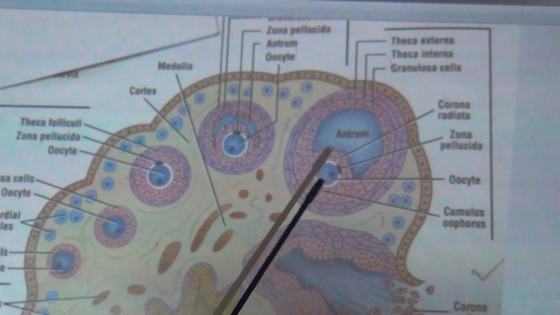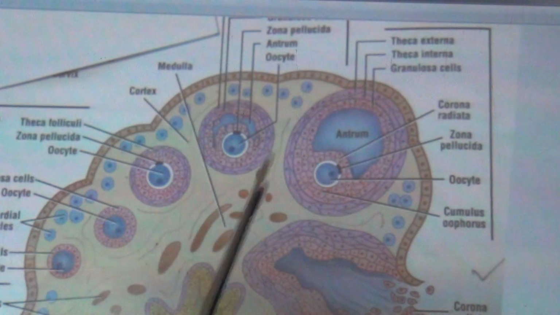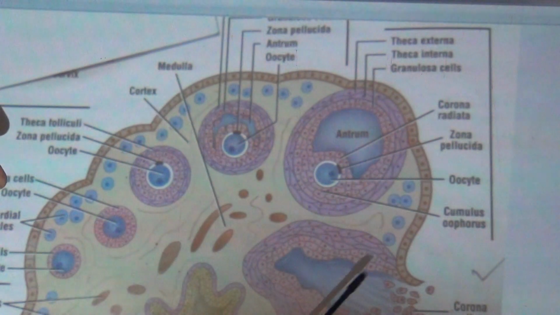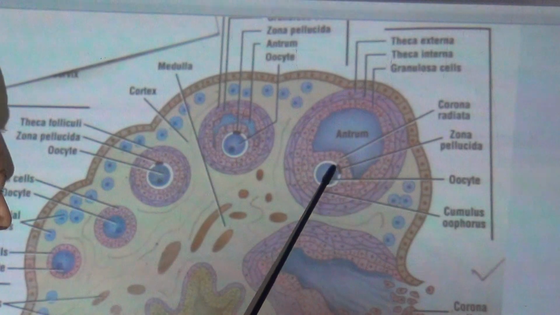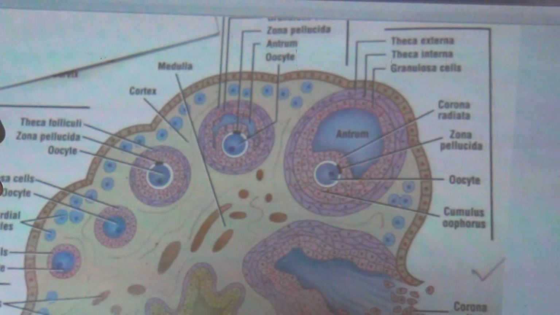Now, the fluid in the antrum increases. Due to this increase in the fluid inside the antrum, the oocyte is pushed toward the periphery.